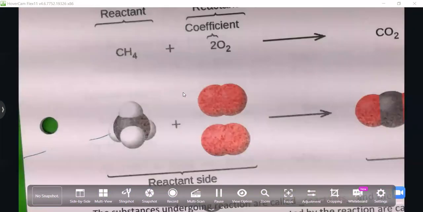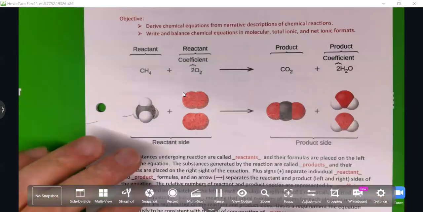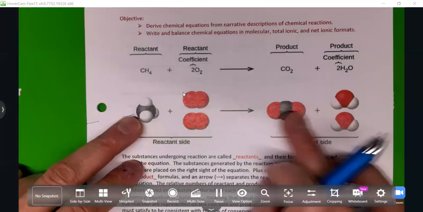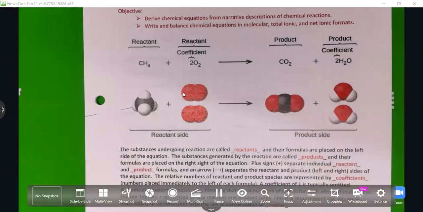For chapter 3, part 1 of OWL, it actually has the pictures on the screen like this. Shut that down. My bad.